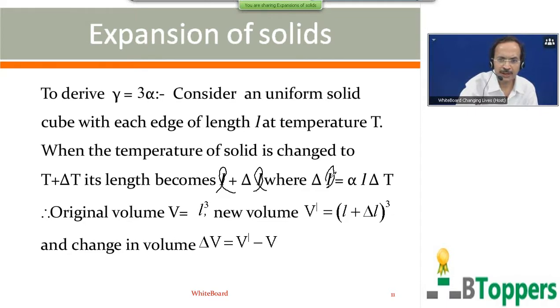So delta L can be written as alpha into original length L into delta T. So the original volume V we can write as small l cube. New volume V dash is equal to L plus delta L whole cube, of new length L plus delta L. And the change in volume denoted by delta V, you can write V dash minus V.